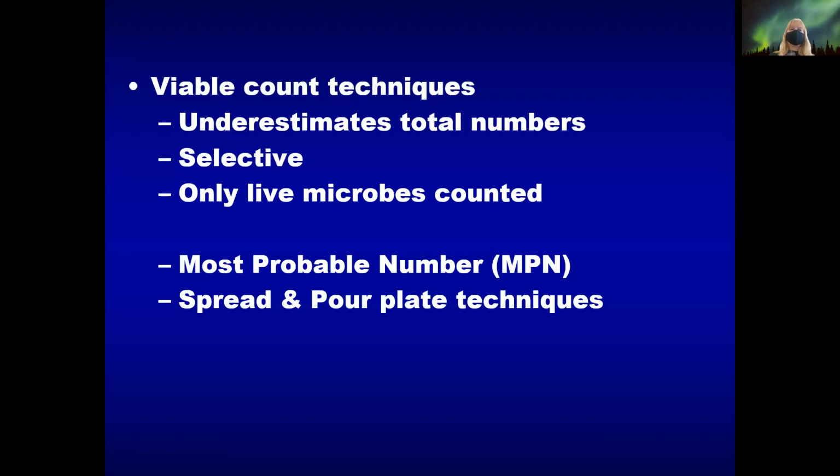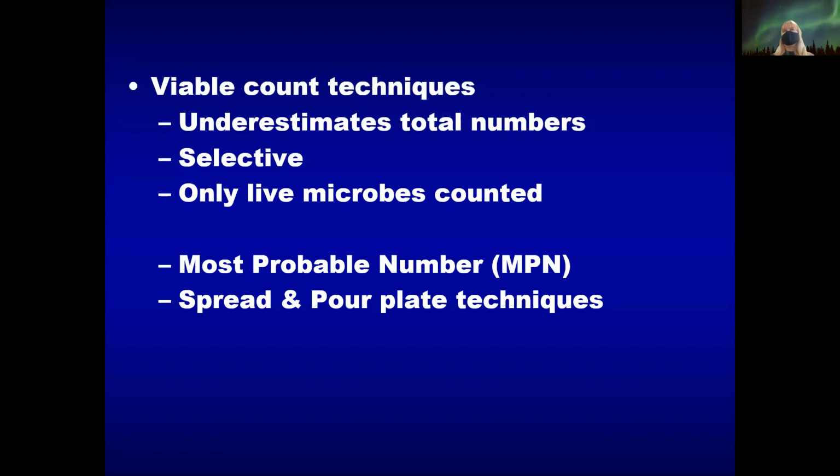So, these viable count processes onto agar plates, that's a spread plate technique that I've taught you. So spread plate is what we use for the viable count. Pour plate is another thing, but really I don't see that being used all that much anymore. I think it's gone by the wayside for the most part because there are better techniques.